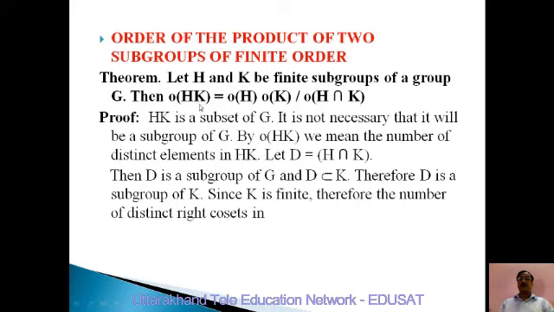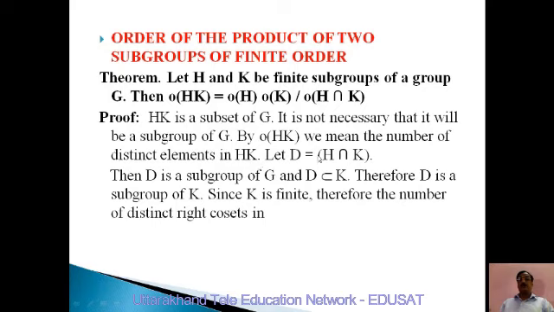Then the order of the product of these two subgroups is given as order of H times order of K, divided by order of H intersection K. HK is a subset of G, but it is not necessary that it will be a subgroup of G. By order of HK, we mean the number of distinct elements in HK.